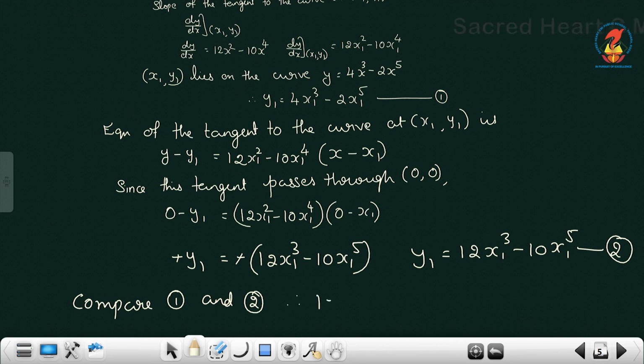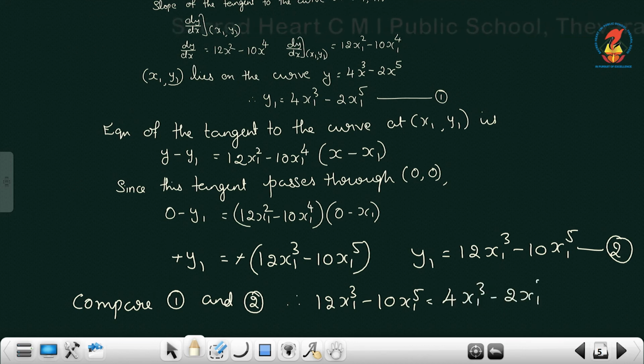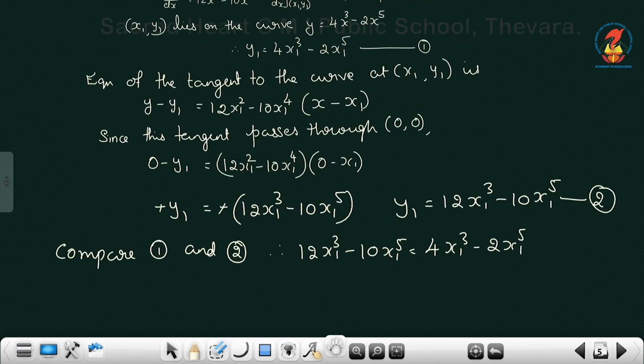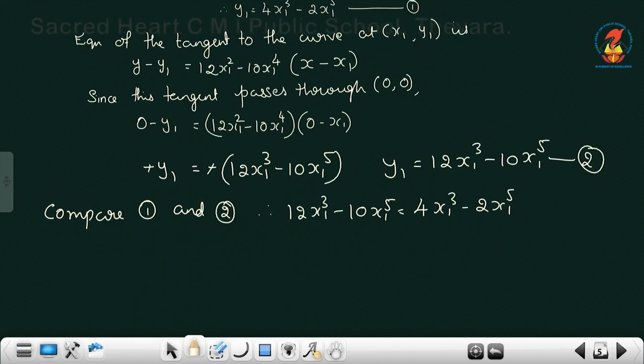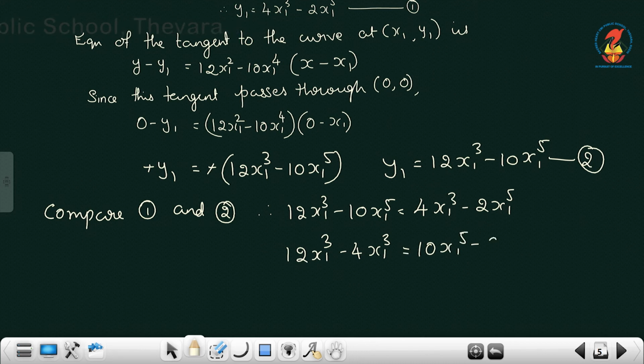Therefore, 12x1 cube minus 10x1 raised to 5 is equal to 4x1 cube minus 2x1 raised to 5. Take x1 cube to one side and x1 raised to 5 to the other side. So 8x1 cube is equal to 8x1 raised to 5. 8 cancel.